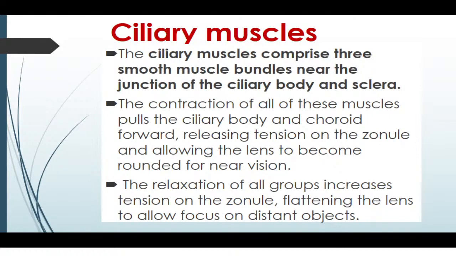So it's important for changing the shape of the lens. And the relaxation of all groups increases the tension of the zonule, flattening the lens to allow focus on distant objects. So you have seen that especially the ciliary muscles change the shape of the lens.